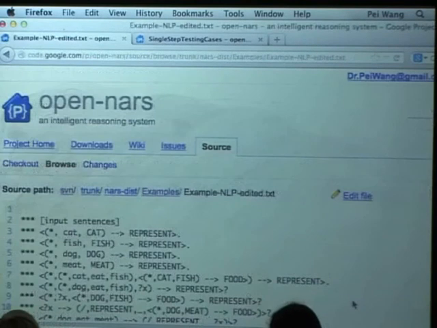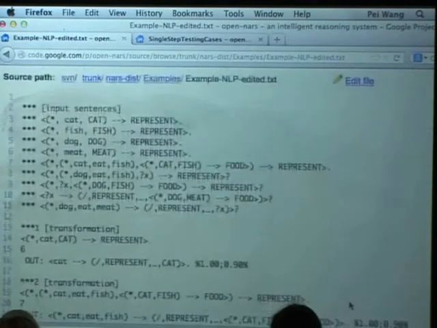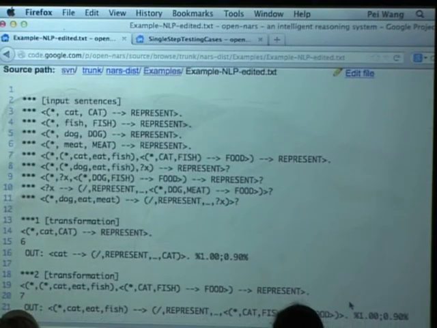It's linked here. This is the actual testing example run in the system. You see here, I'm using two different types of terms. The all capital ones I'm using to represent the internal name, which doesn't necessarily have anything to do with natural language representation.